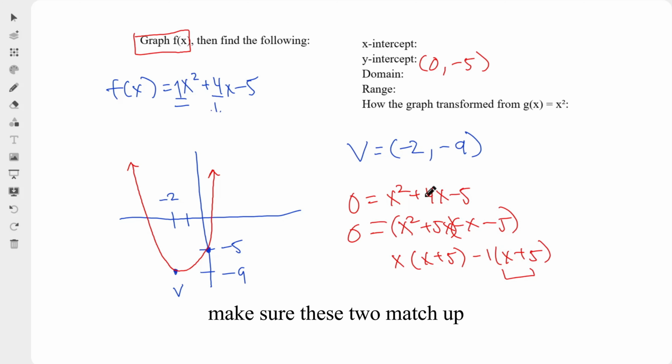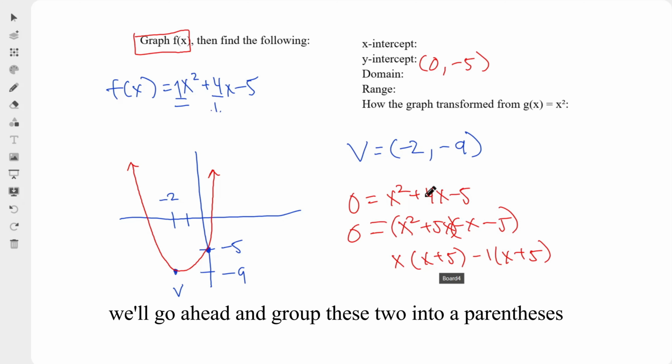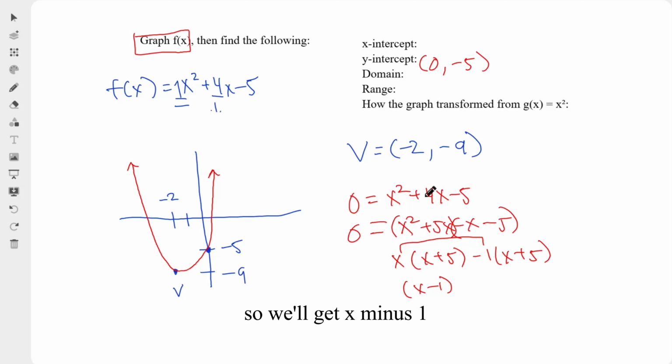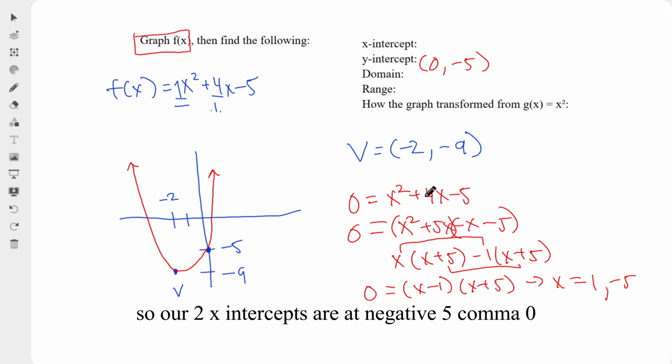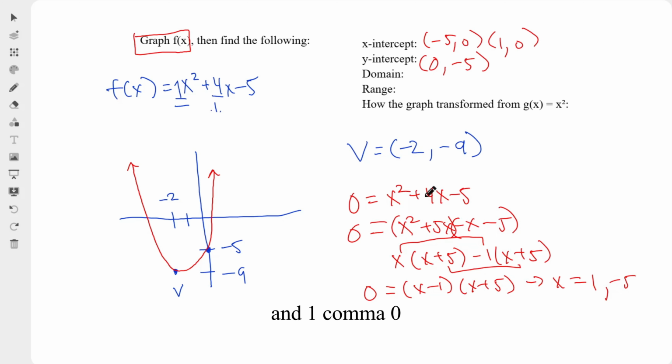Make sure these two match up. Then we'll group these two into a parentheses, so we'll get x minus 1, and then group these two in a parentheses, and we'll get x plus 5. Set both of these equal to 0. We'll get x equals 1 and negative 5. So our two x-intercepts are at negative 5, comma 0, and 1, comma 0.